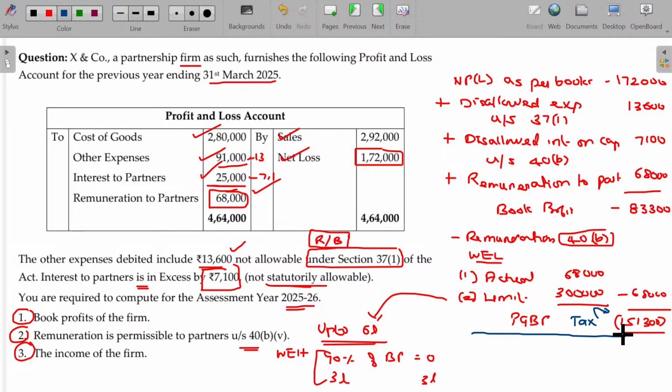To the extent already claimed as deduction, on receipt by the owners or partners it will be taxable. In the hands of the owner, this 68,000 deducted is already taxable on receipt basis, and interest to this extent, 25,000 minus 7,100, how much is that? 17,900. 17,900 is taxable in the hands of the recipient, and 68,000 is taxable in the hands of the recipient.